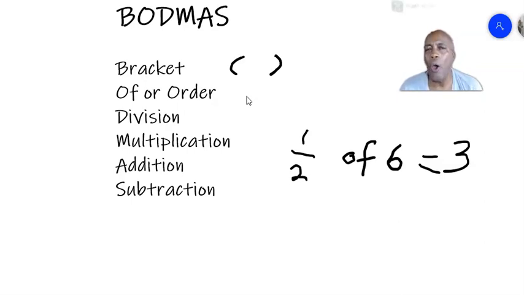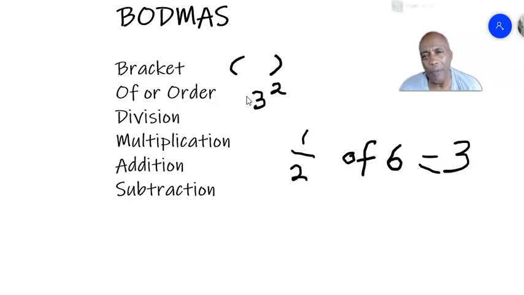But the O can also stand for order, which really means a power or an index. You raise something to the order of a power. So for example, if I have 3 squared, that is 3 times 3, which is what you mean by order.